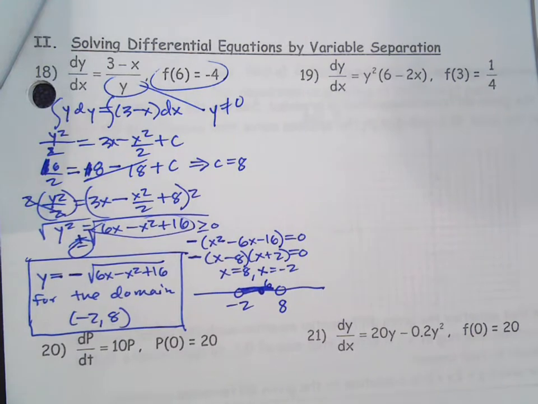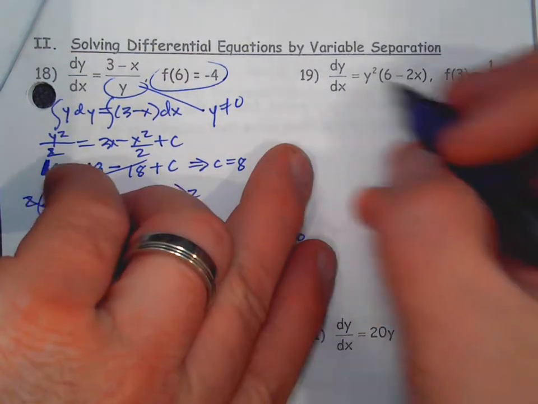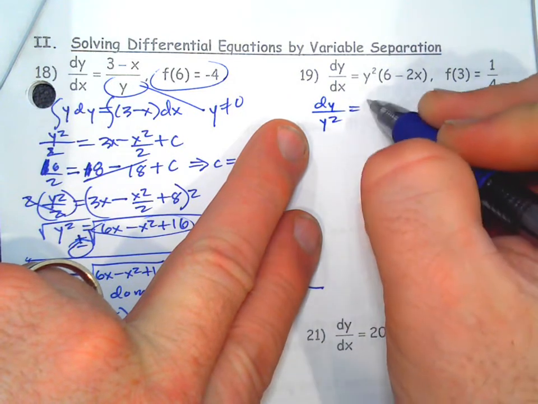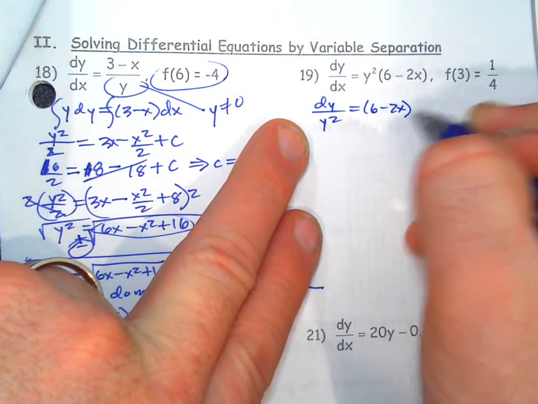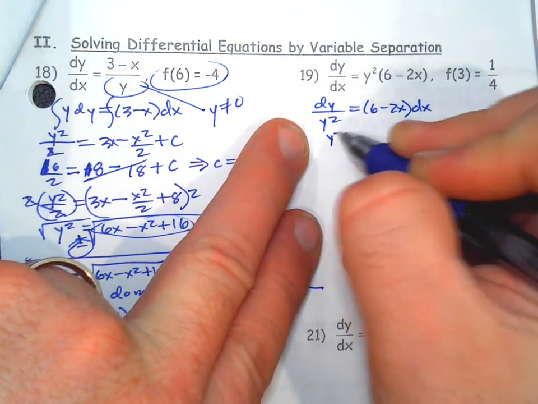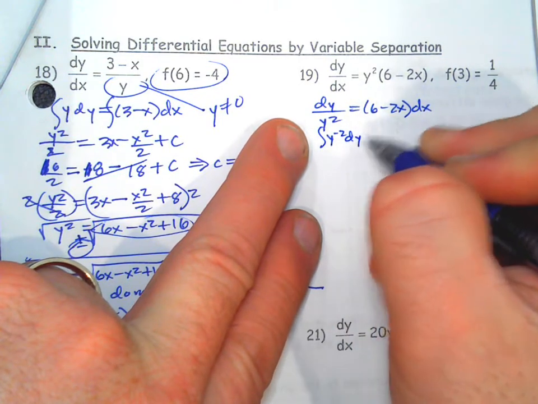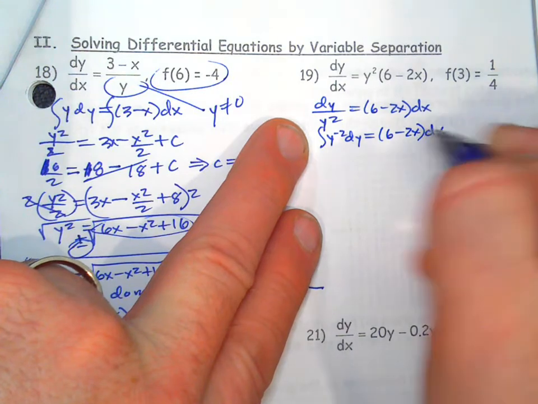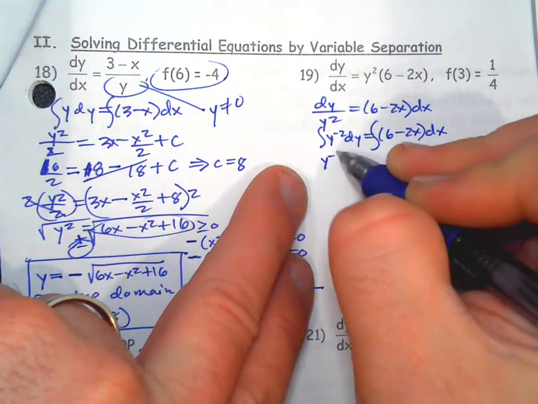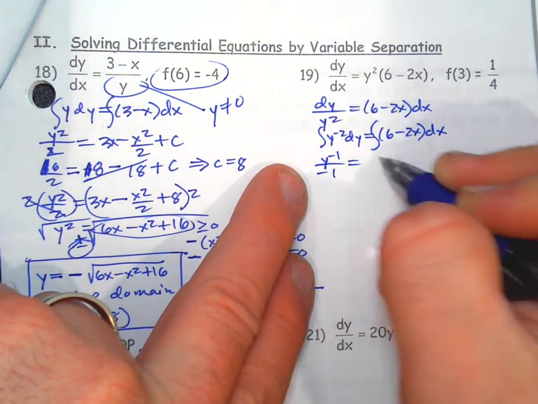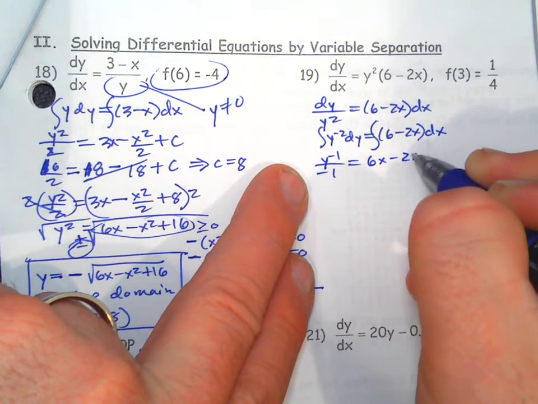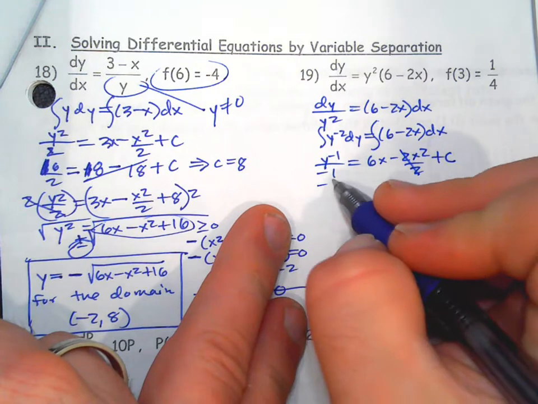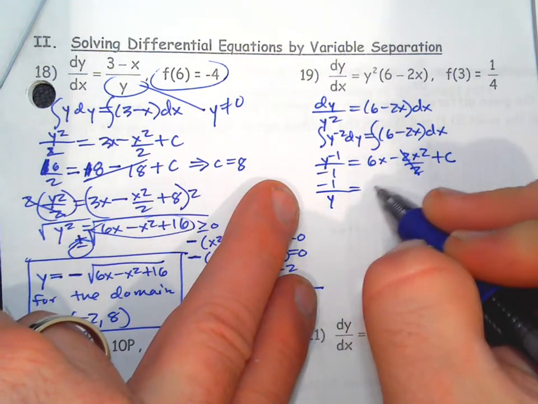Got it. All right, so next one, separate the variables. And it's going to be y to the negative 2, right? And we're going to increase it by 1, divide by negative 1. 6x minus 2x squared over 2 plus c. I'm going to rewrite it with positive exponents.